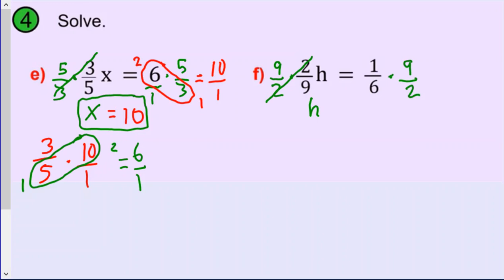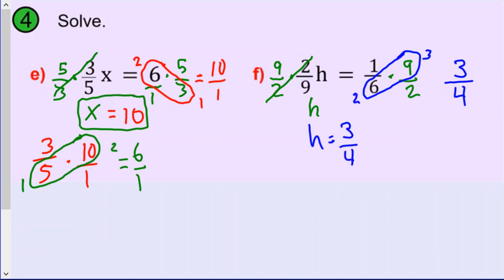And we have some common factors between 6 and 9, so we can divide both of those by 3. If we divide 6 by 3, we'll be left with 2. 9 divided by 3, we'll be left with 3. And then we can multiply: 1 times 3 is 3, 2 times 2 is 4. So 3/4. H equals 3/4.